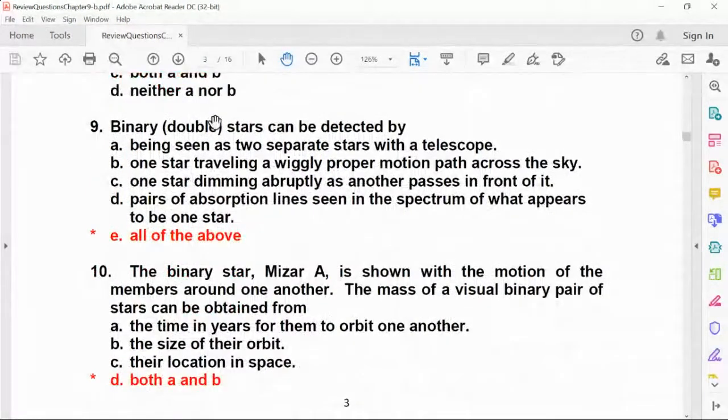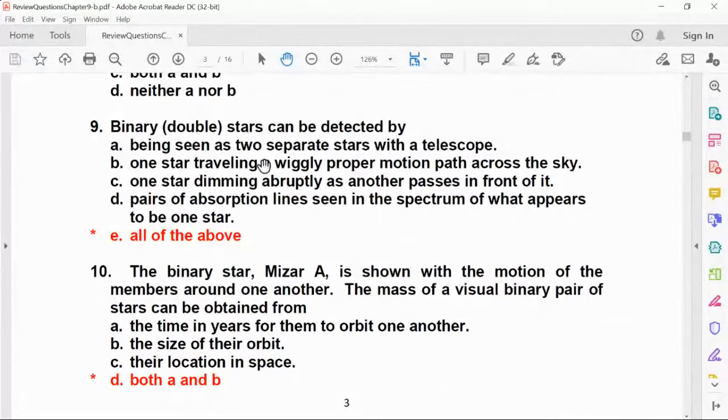Binary, and you know binary means double, the stars can be detected by... I told you, we have visual binaries, we have spectroscopic binaries, we have eclipsing binaries. So actually all of these, options A to D, are used.